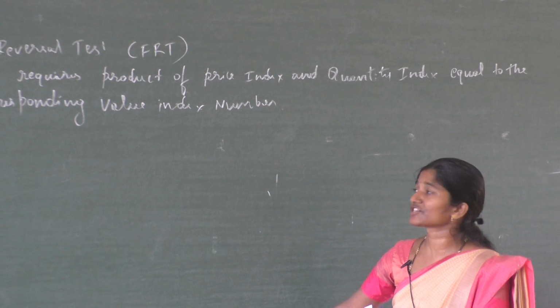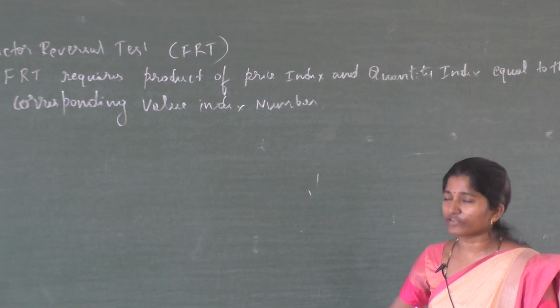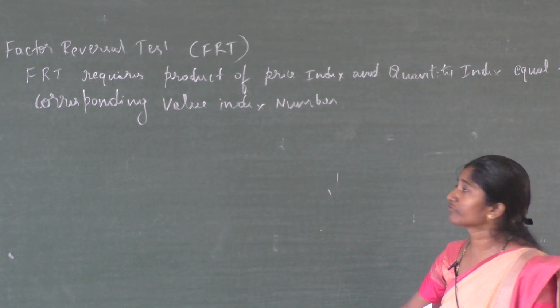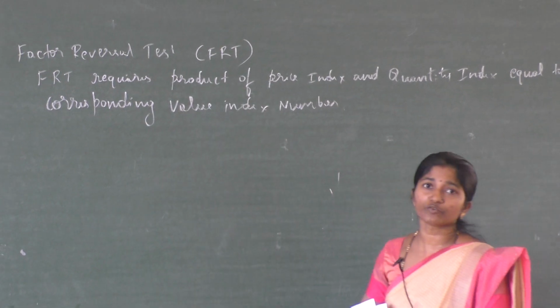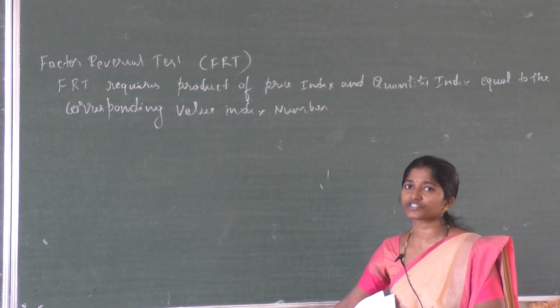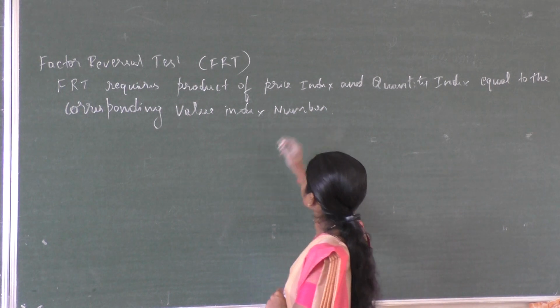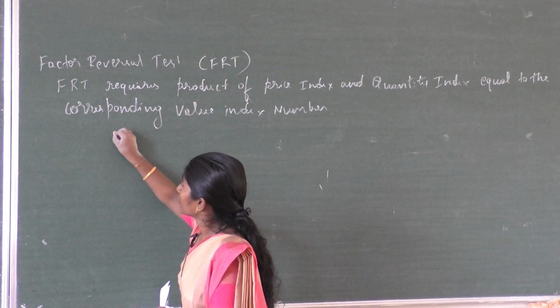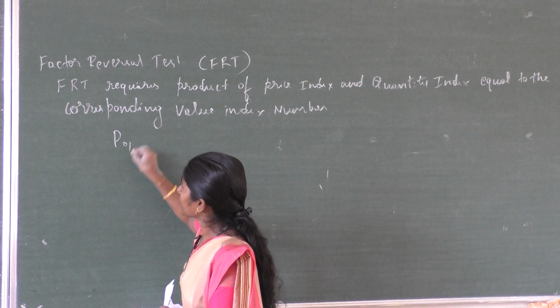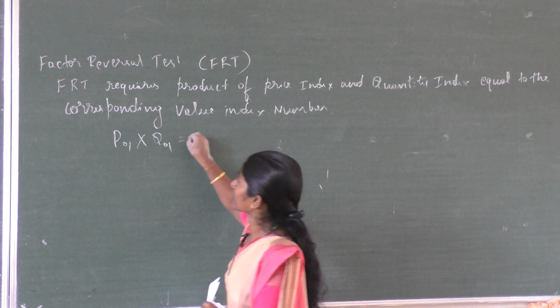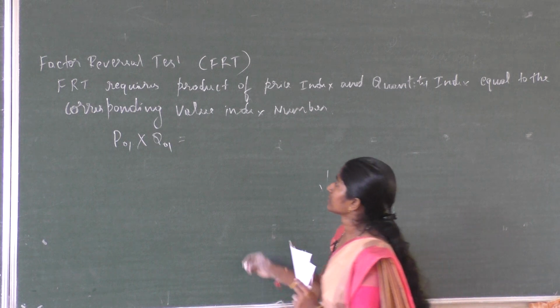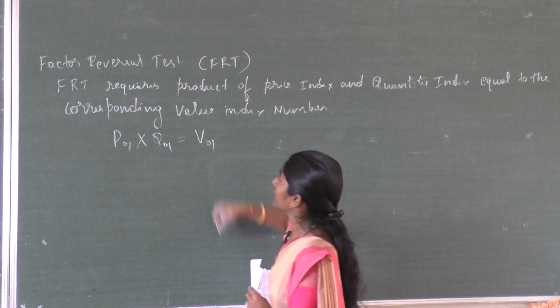This is also suggested by Professor Irving Fisher. That only we can say that both are satisfied by Fisher's. Now here, the product of price and quantity, that is P01 and Q01. The product of these two gives the value index number.